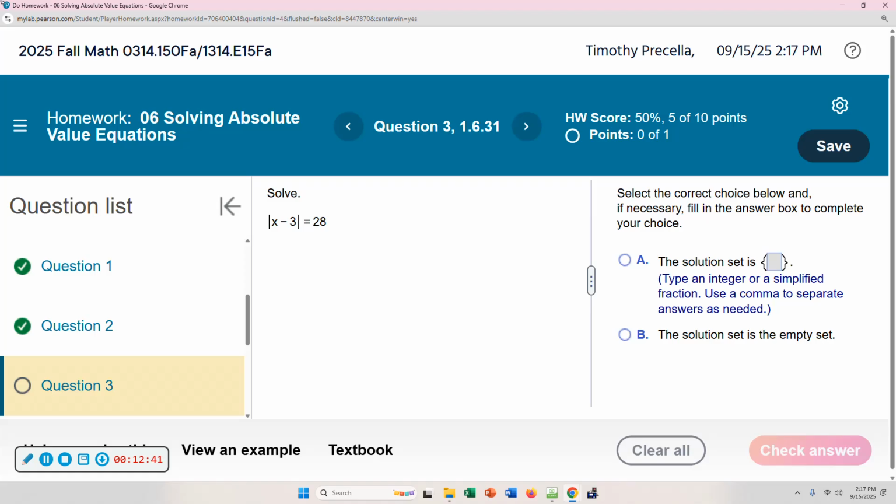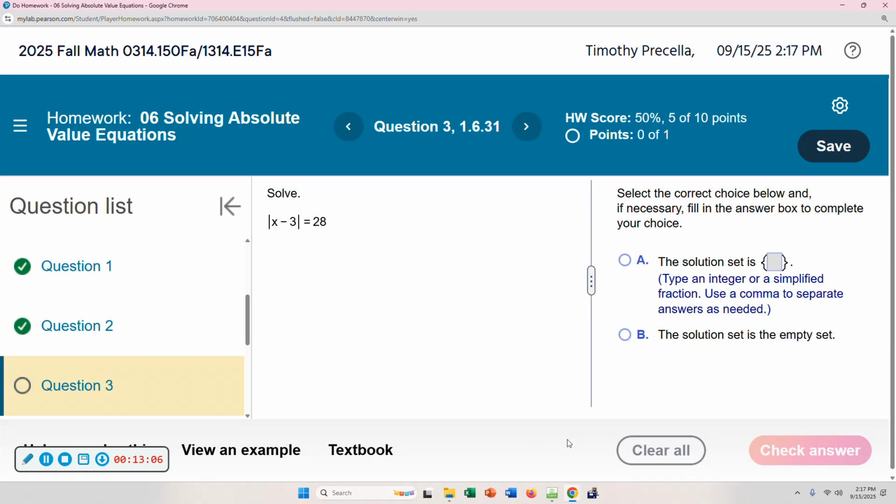We have the absolute value of x minus 3 is equal to 28. To solve an absolute value equation, you must have that absolute value isolated.